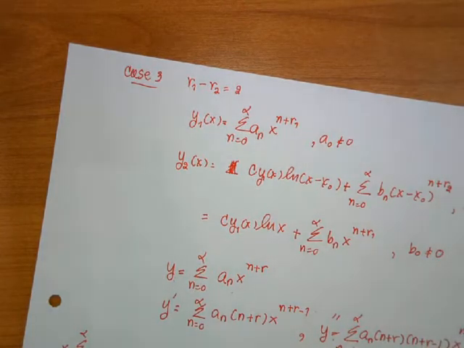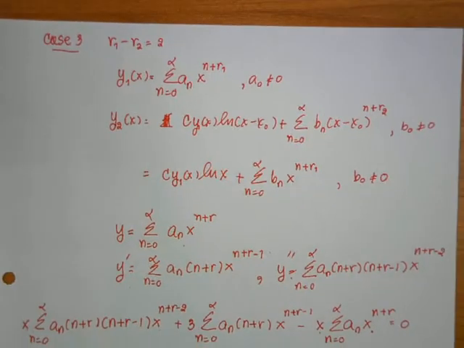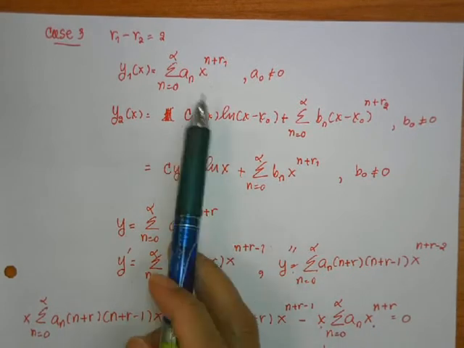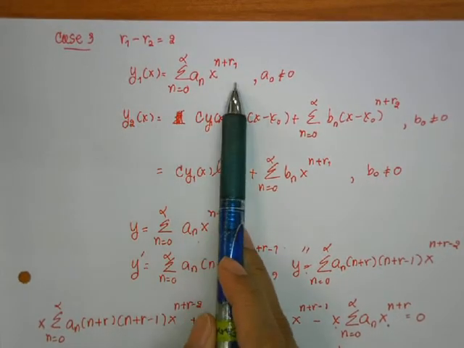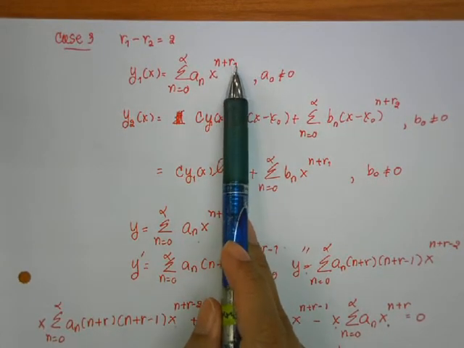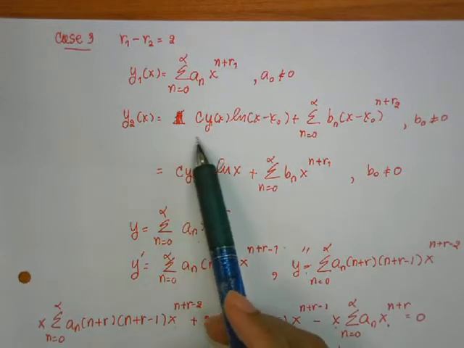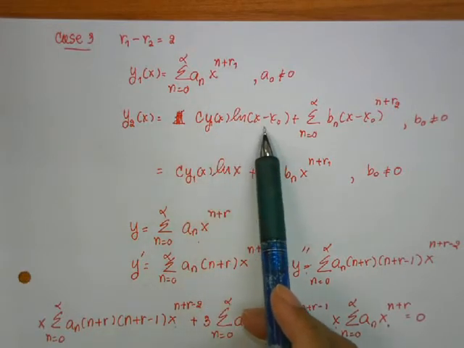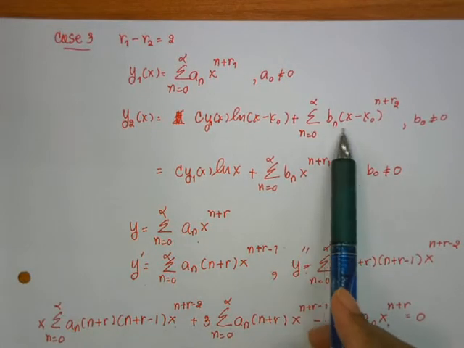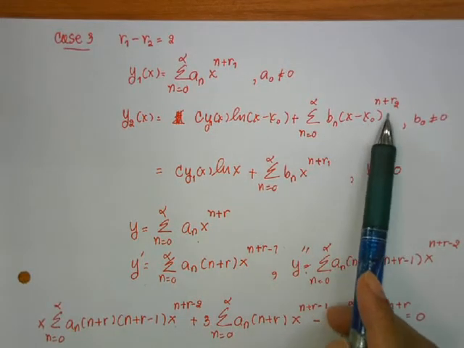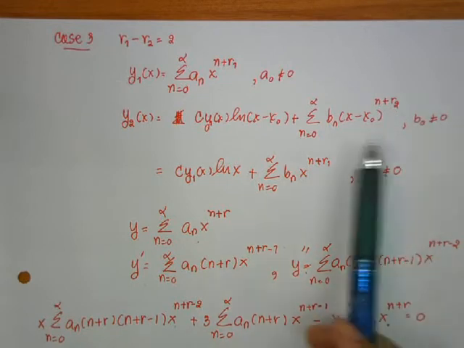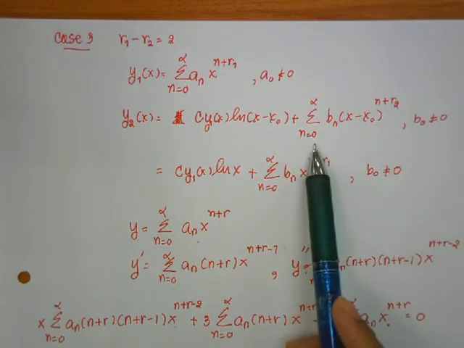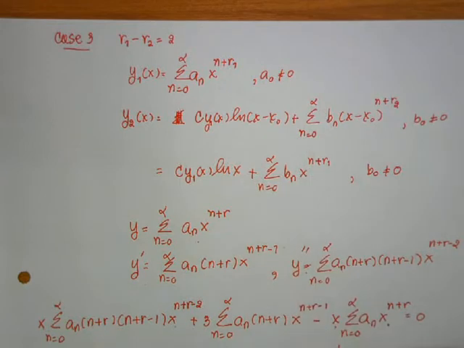For case 3, we know that the solution is y1 equal to the summation of a_n times x to the power of n plus r1, and y2 is equal to c times y1 times ln of (x minus x0) plus the summation of b_n (x minus x0) to the power of n plus r2. But this one is starting from 0 to infinity, okay?